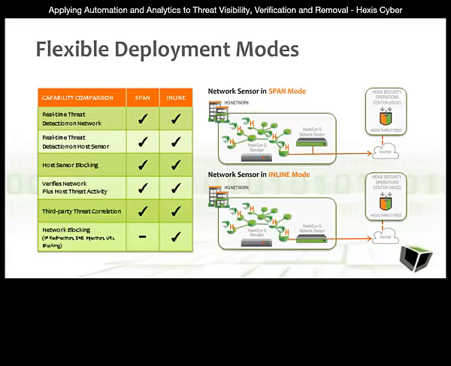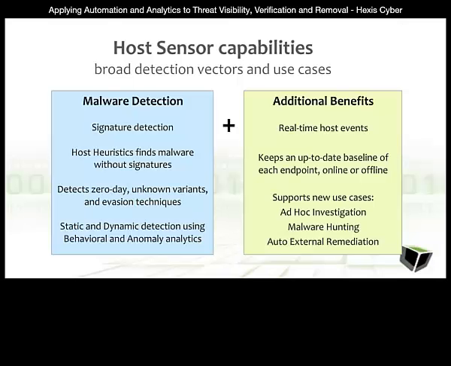So moving on to the host sensor. We did a big update for HawkEye G3 that came out in March, and a lot of the focus was around the endpoint itself to give broad detection vectors and additional use cases beyond malware detection. First, on the malware detection side, the system has the ability to do signature detection.